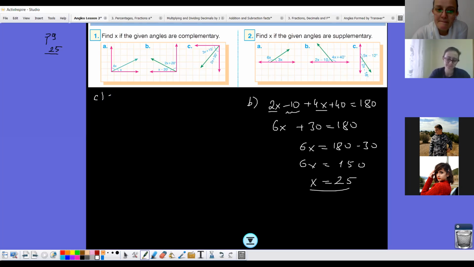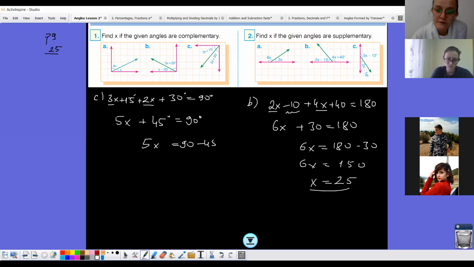It will be 3x plus 15 plus 2x plus 30 equals 90. We have 5x plus 45 is equal to 90. 5x is equal to 90 minus 45. 5x is equal to 45.